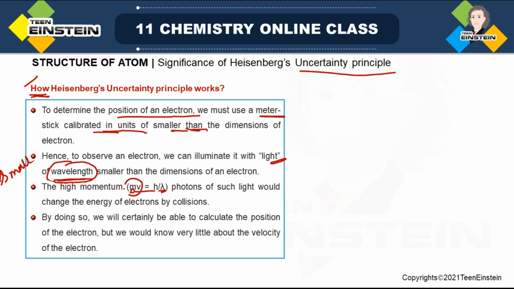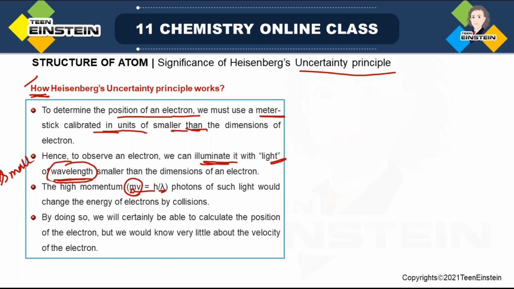That means the momentum will be very high for the light that you are using for measurement of the position of the electron, because when lambda is small, mv is very high. So these are high momentum photons of the light you are using to illuminate the electron for determination of its position.